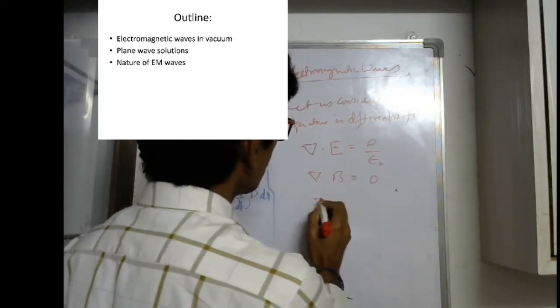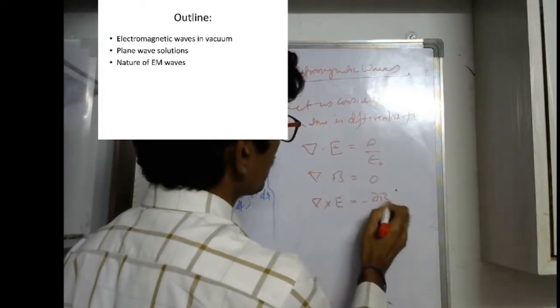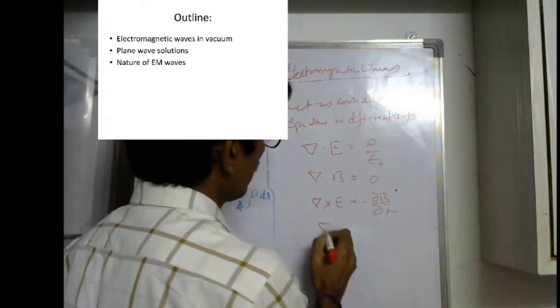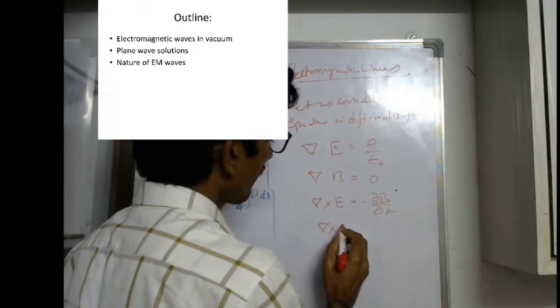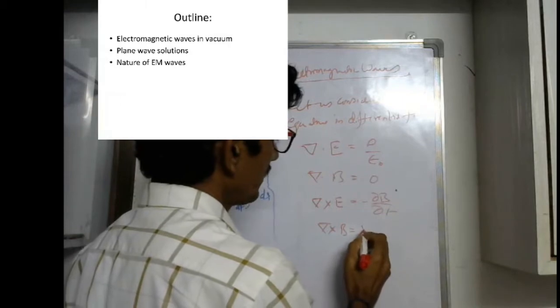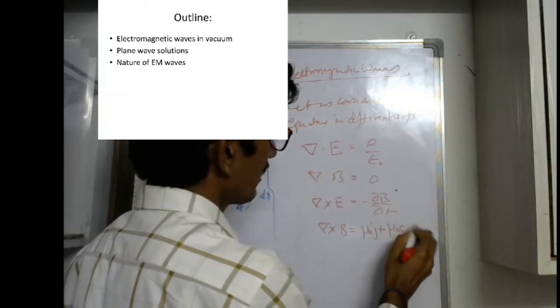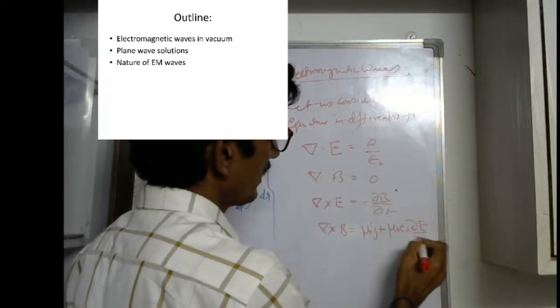Next, del cross E is equal to minus dB by dt. Del cross B is equal to mu naught J plus mu naught epsilon naught dE by dt.